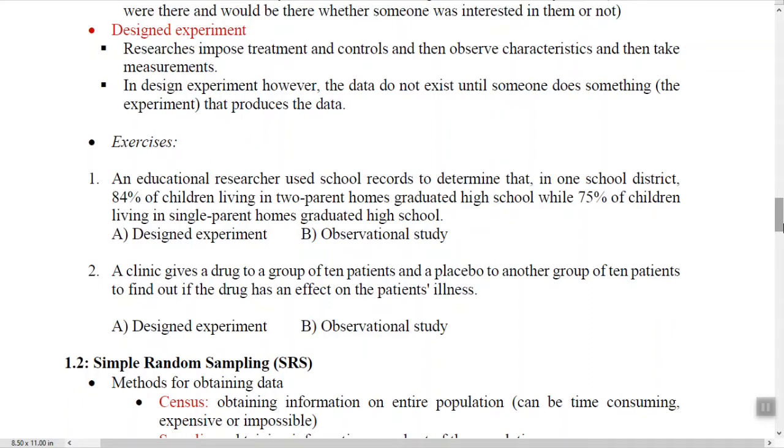So this is definitely design of experiment. The researcher imposes his rules before the experiment, and then does the experiment and takes the measurements. So the answer is design of experiment.